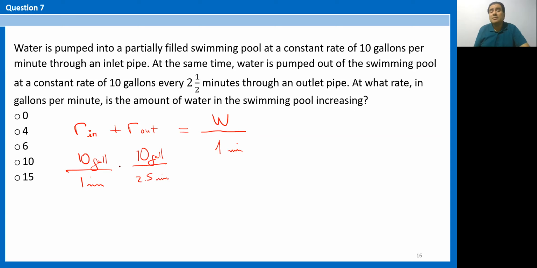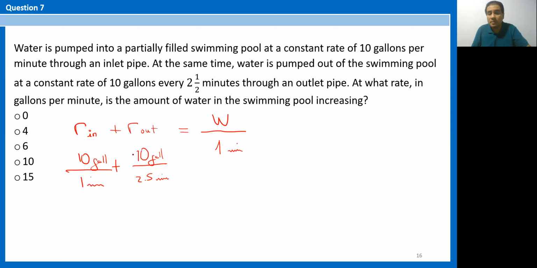But notice that although this is a sum, it is a sum with different signs, because while water is being pumped out, also through the other inlet pipe, water is being pumped into the pool. So these two, like efforts or amounts of work, are opposite to each other because they work in different directions.